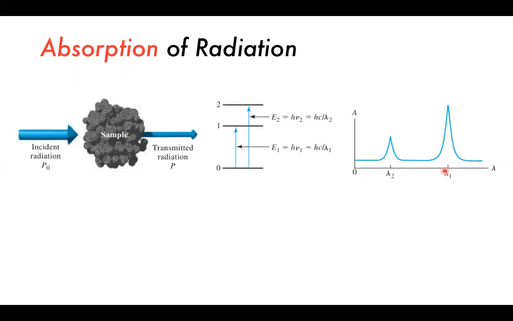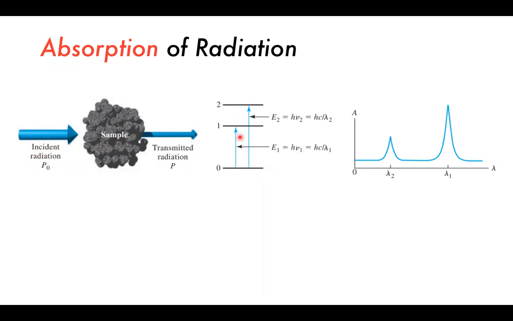So this is the absorption process. If we have some incident radiation with power P0, that's going to interact with the sample. Assuming there are some wavelengths in here which represent an energy difference in the sample, like a ground state to excited state transition, the transmitted radiation will be lower in intensity than the incident radiation.